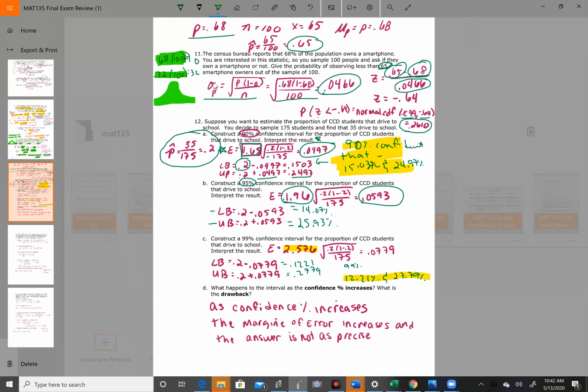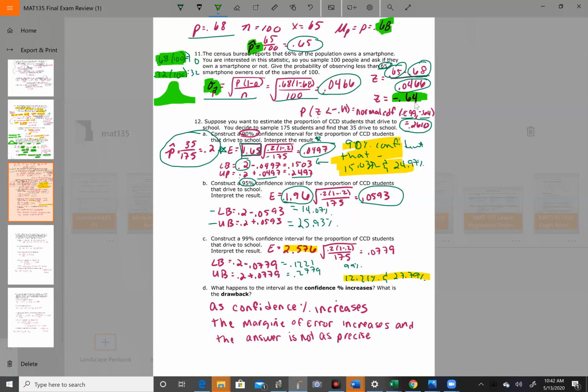Same math. So find your sigma, find your p hat, and your mean. Going through, we find our z-score to be negative 0.64.